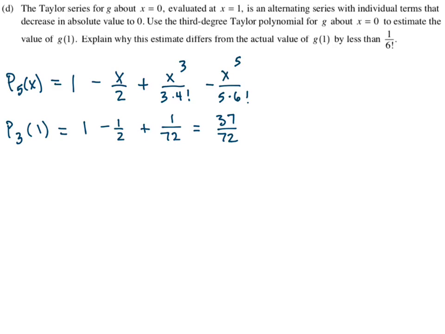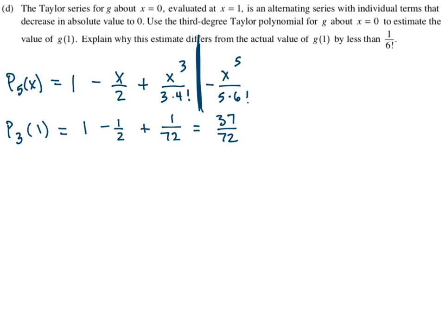So I'm going to kind of draw a line here, split that up. I just used the first 3 terms here, so I got the 1 and then minus 1/2, 1 over 72. That's the 3 times 4 factorial multiplied out, and then just a common denominator. So 37 over 72 is my approximation using a 3rd degree Taylor polynomial for G.